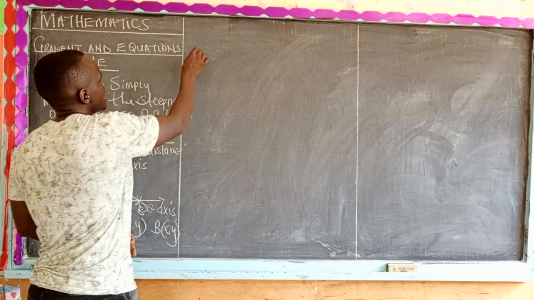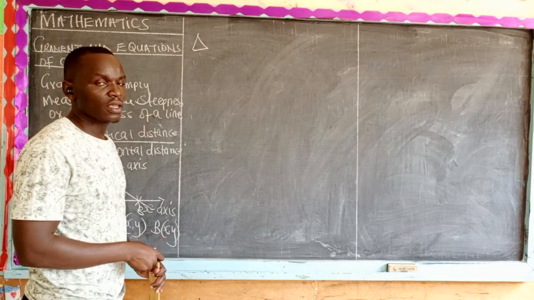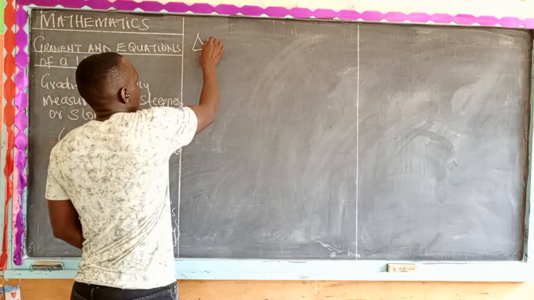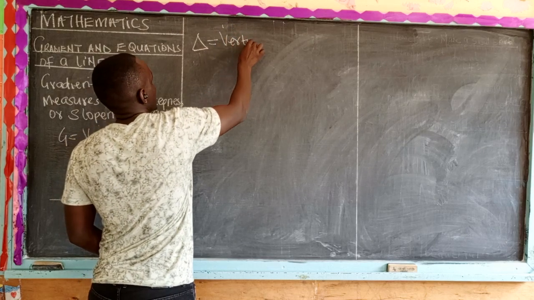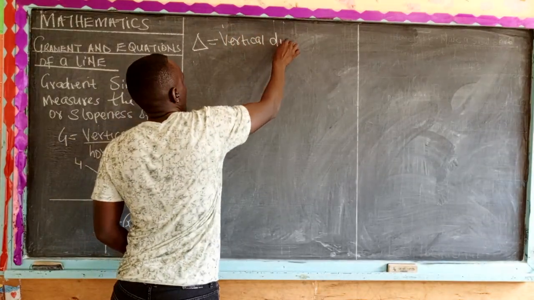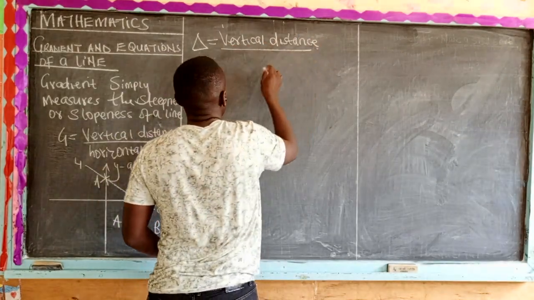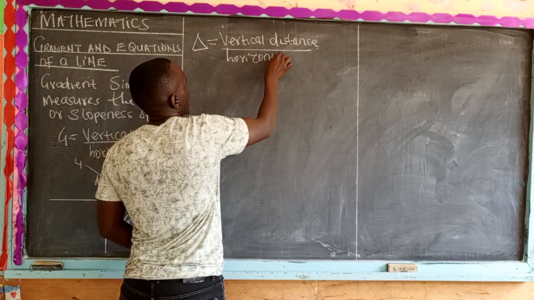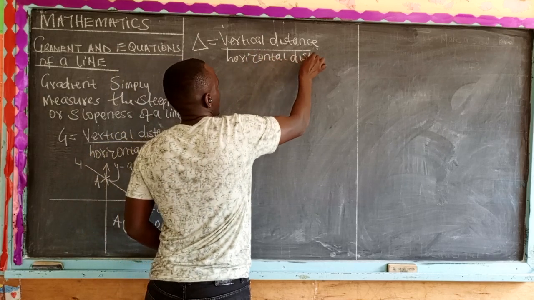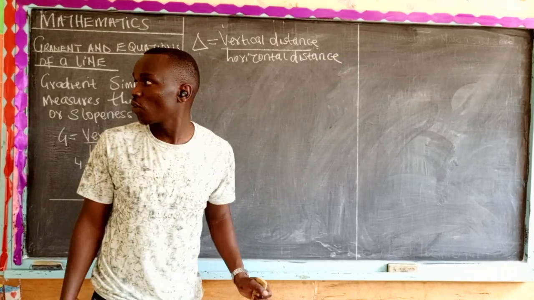To get the gradient, this sign stands for gradient. It's given by vertical distance all over horizontal distance. I hope you're following.